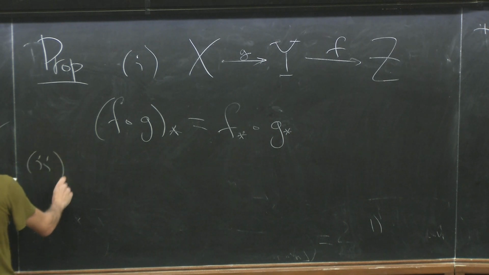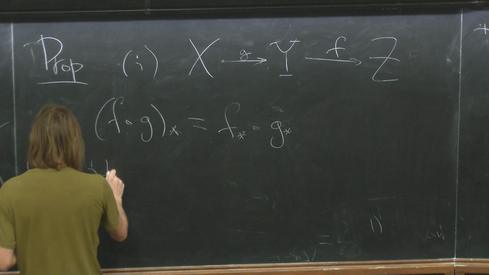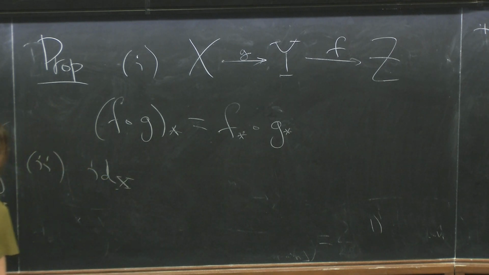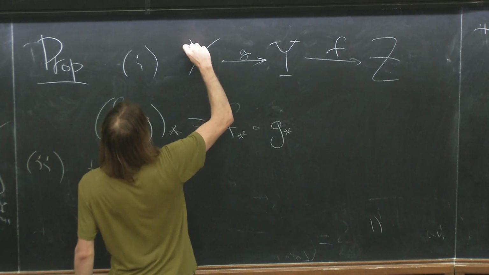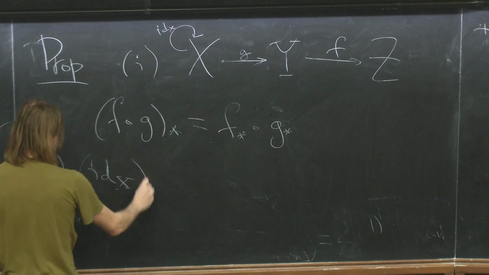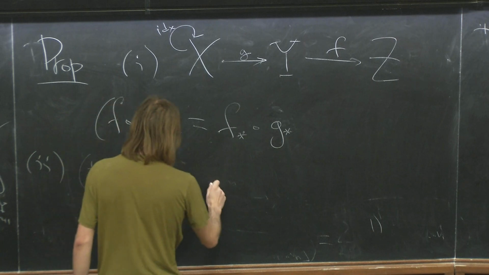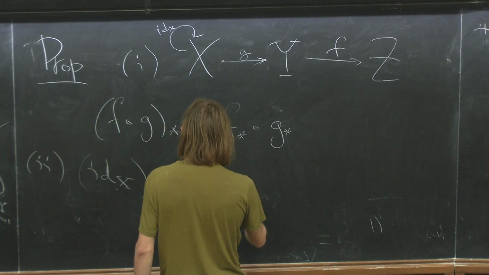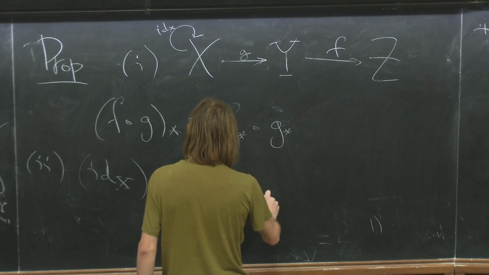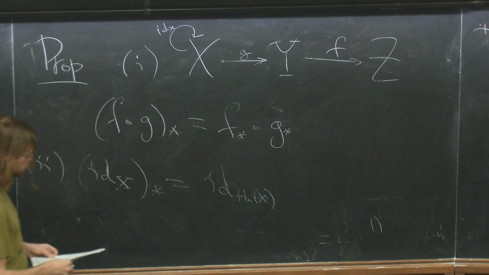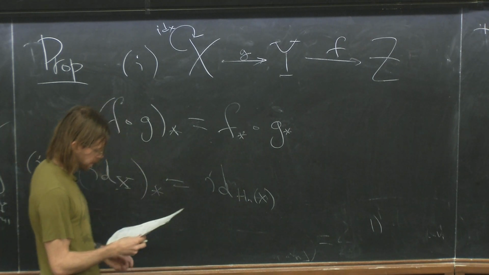Second property is that the identity map from X to itself has as push forward the identity homomorphism of the homology group of X, let's say for some fixed degree n.